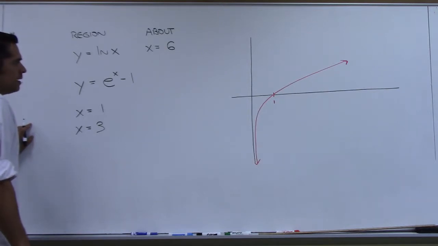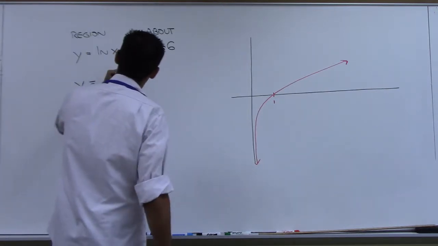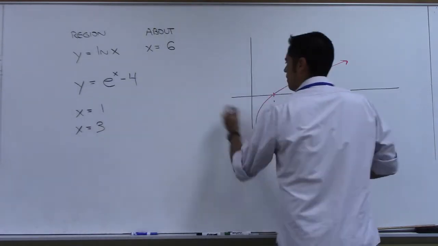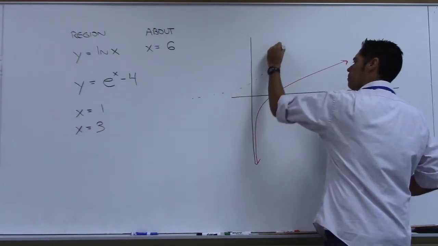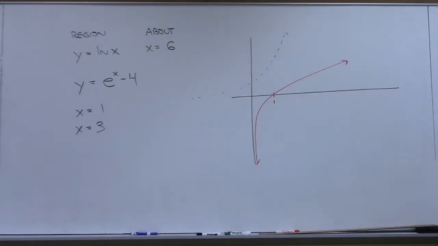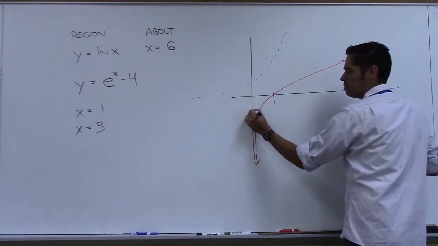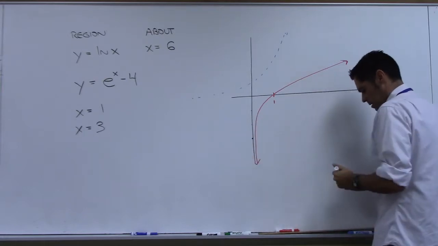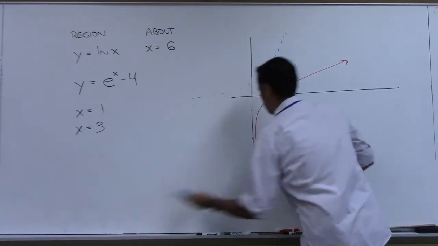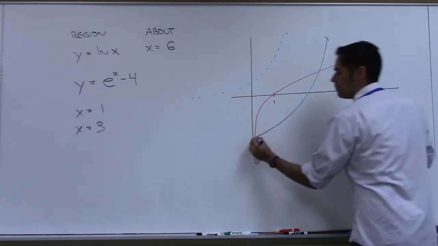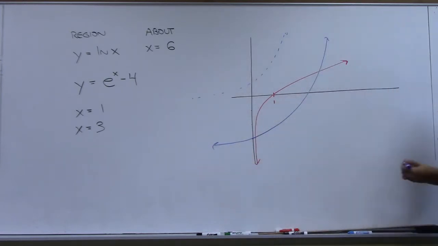Let's make it e to the x minus 4. Because we all know e to the x looks like this, right? I'm just going to bring it down so that instead of here, it's 1, 2, 3, 4, so like this. It's going to go like this.